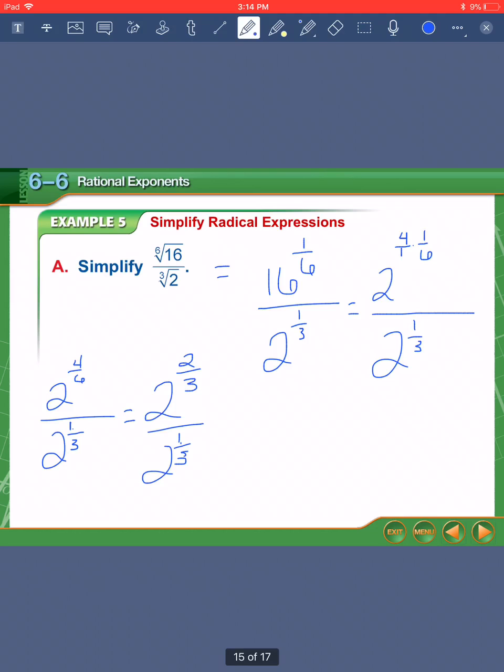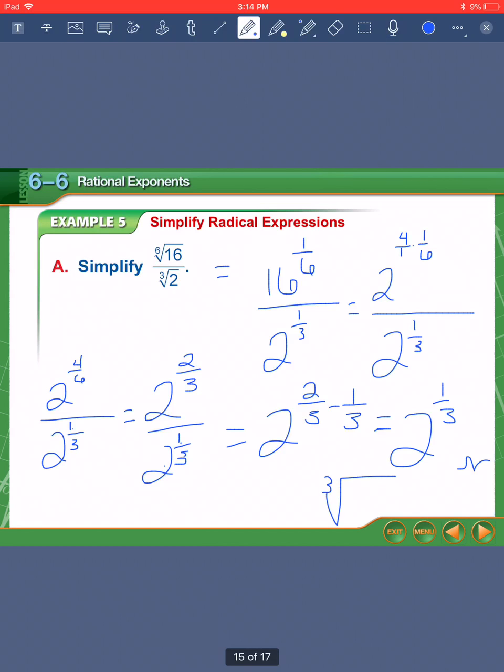So this is really 2 to the 2/3 minus 1/3, which is 2 to the 1/3 power. So you can write it in exponential form as that, or you can write it as the cube root of 2. So that was a trickier one than most.